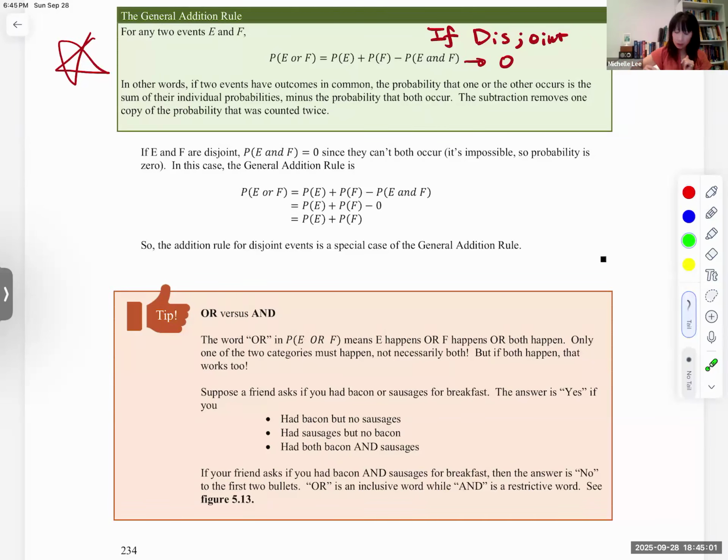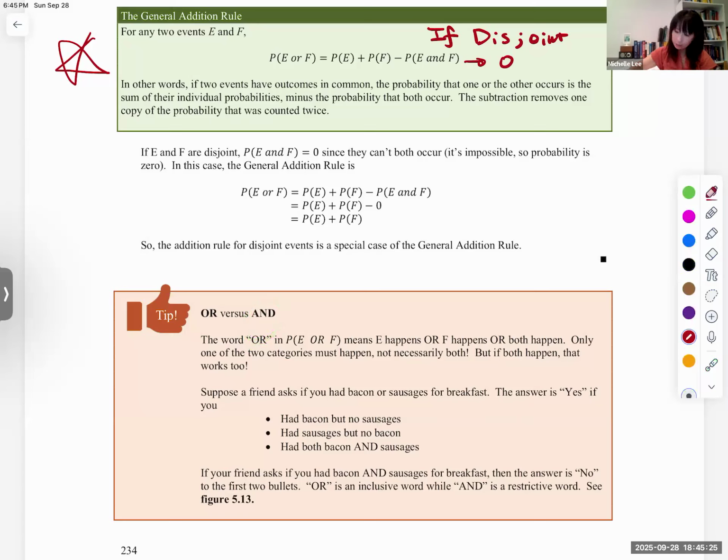So or part, the outcome must be event E or F or both, right? So it could be at least one event, belong to at least one event. That's the or. And must be both, all the event.